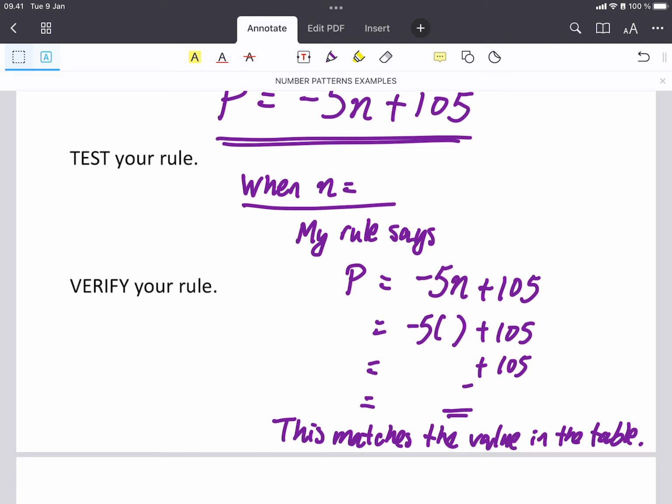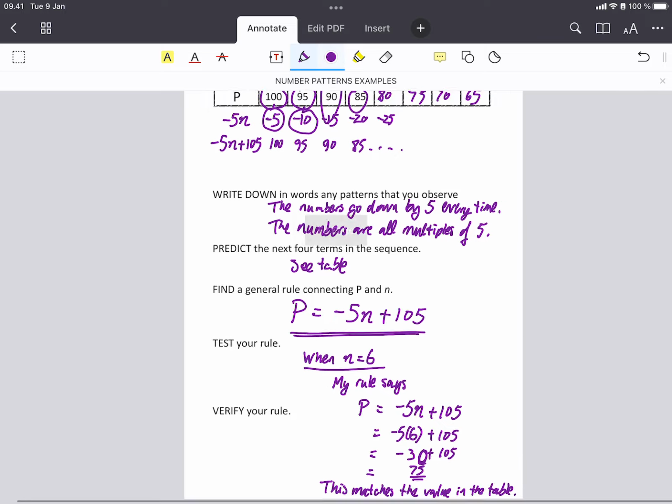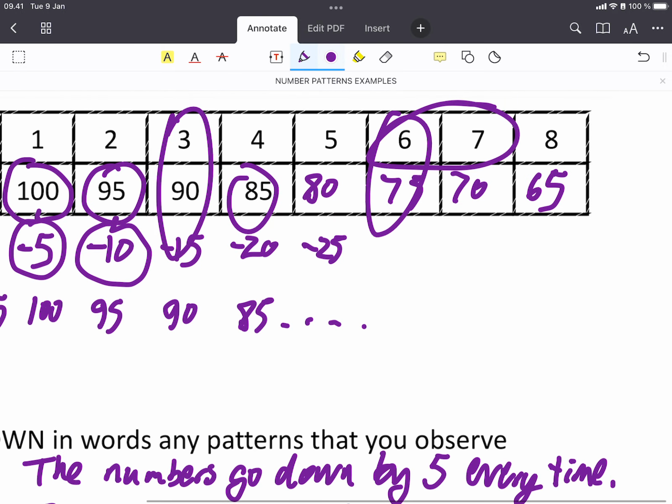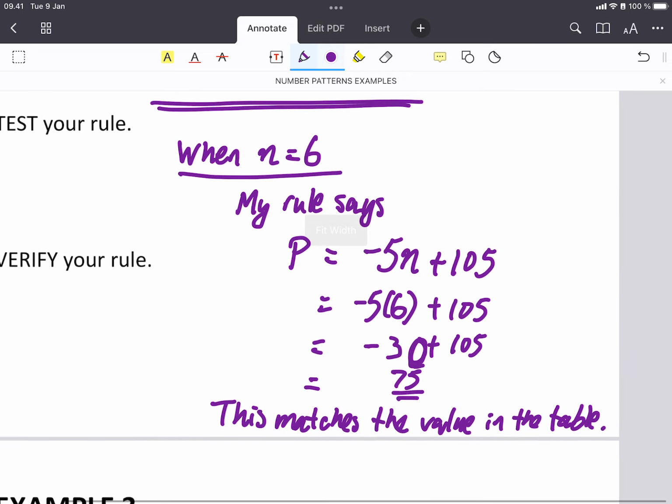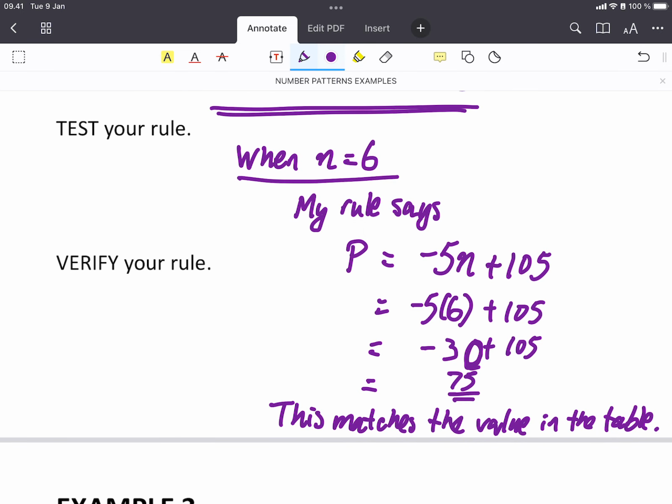When n equals 6, my rule says p equals minus 5n plus 105, which is minus 5 times 6 plus 105, which is minus 30 plus 105, which is 75. And it matches the value in the table, 75. So again, a potential mark for that comment at the end.